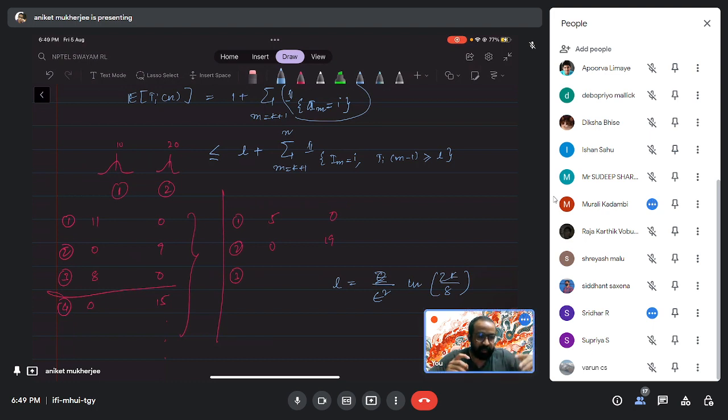The number of samples to be very far from the expected value is very few. You want to decrease epsilon so that you are close to the expected value. As you decrease epsilon, the sample complexity L goes up. Is that clear?